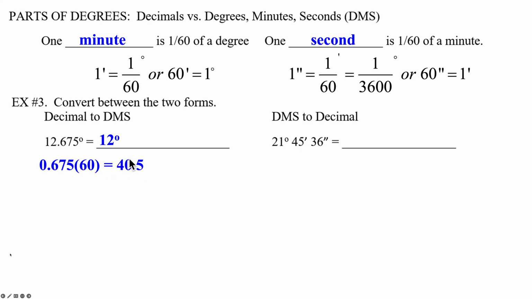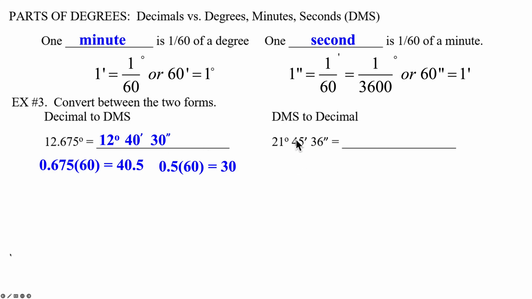The 40, the whole number, now represents your minutes. Then take the remaining decimal, 0.5, and multiply it by another 60, and this will be your seconds. Pay close attention to the directions because a lot of times they'll say round to the nearest second. So we'll round this to the nearest whole number of seconds. In this case, it just happened to be perfectly 30, so we have 30 seconds.